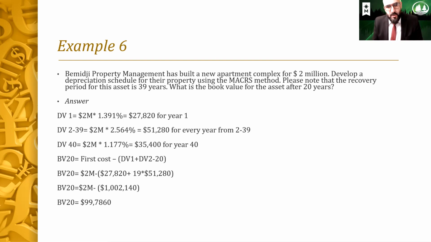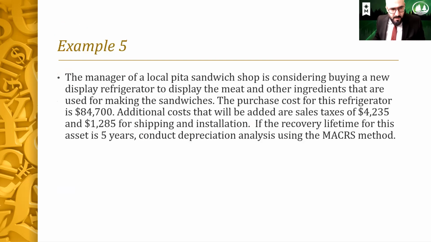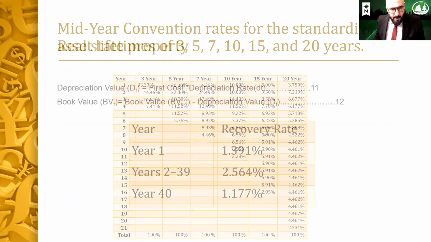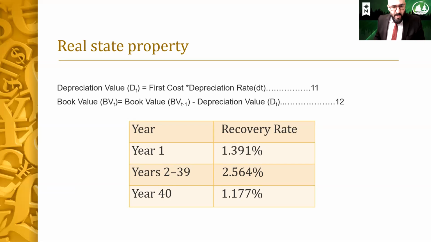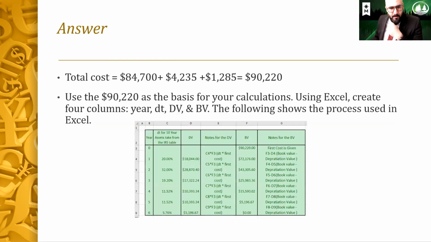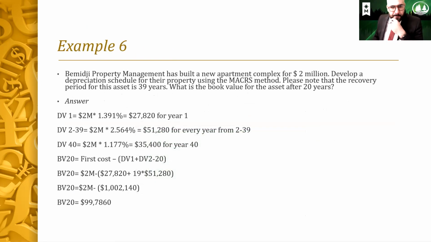And now for year 2 all the way to 39, again, we're using these rates right here: on year 1, we have 1.39, years 2 to 39 would be 2.564, and year 40 would be 1.177. So we use these rates and apply them to this example.